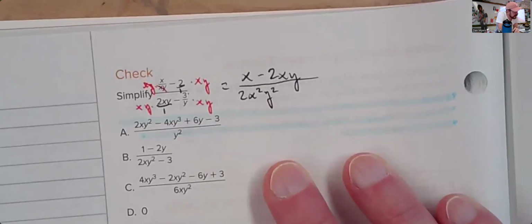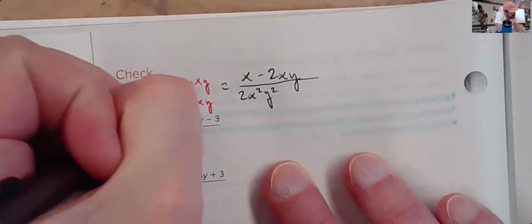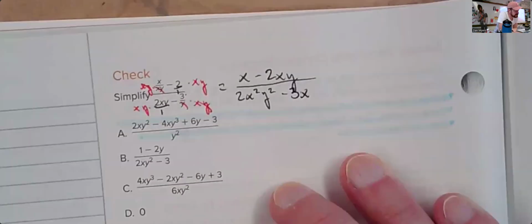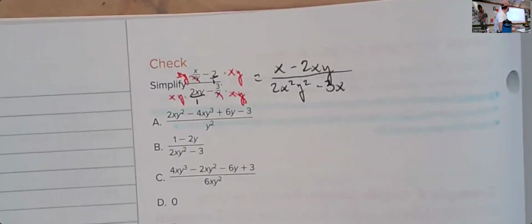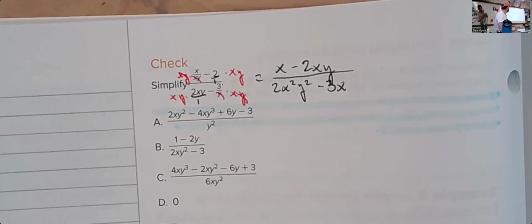And then the y will cancel with the y here, so then this will be minus 3x. Now I don't see this answer down here, which tells me that there's still a little bit that we can do.